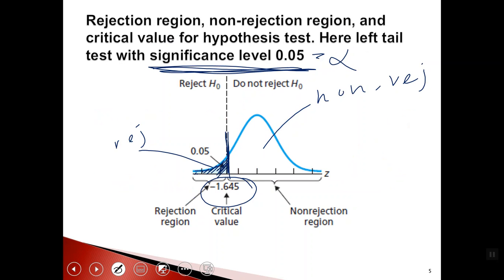If my value is within this rejection region, what should you do? Reject your null hypothesis. If any value is somewhere here within this non-rejection region, what should you do? Do not reject your H naught. This is the method we use to reject or not reject my null hypothesis based on its region.